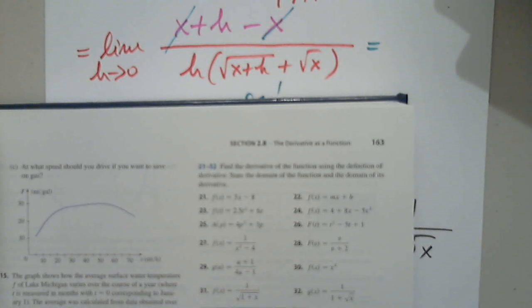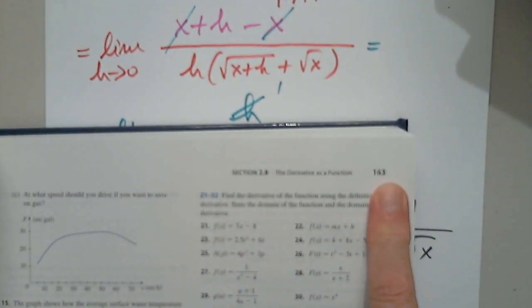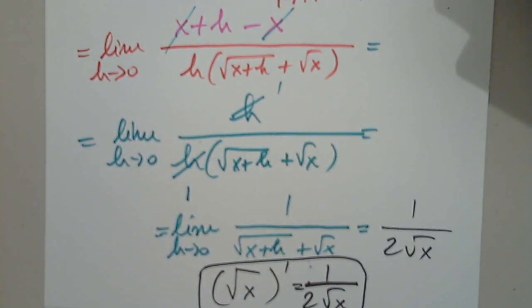I don't know if you can see because it's kind of small. Can you tell me the page number it is? Yes, 2.8. 163. 163. So we looked at quadratics. Maybe we should look at another rational function.